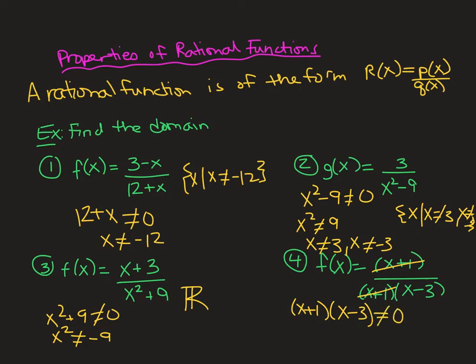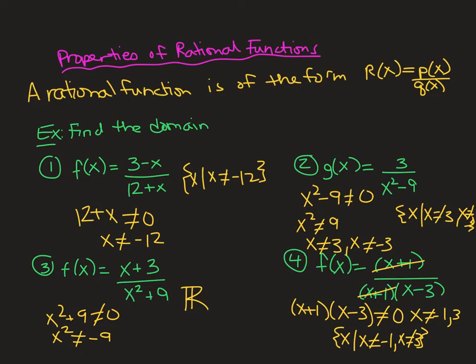So both of these things in the denominator are going to give us values that we cannot have. So I cannot have negative 1 or positive 3. So just make sure on this one that you do include that negative 1. Don't lose that factor, because it still cannot be in the domain because you would still be dividing by 0 if you had that.